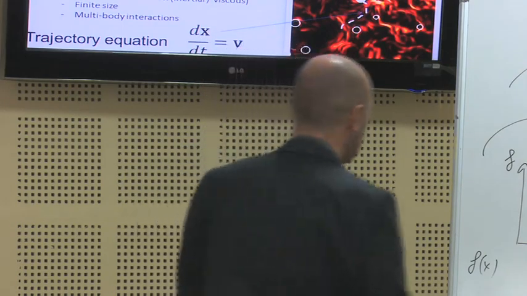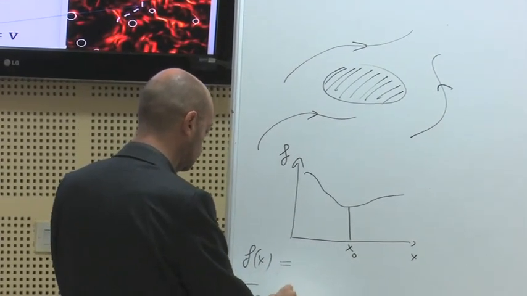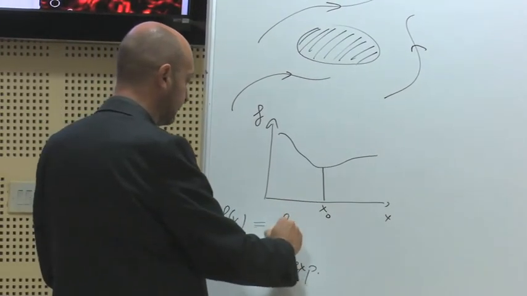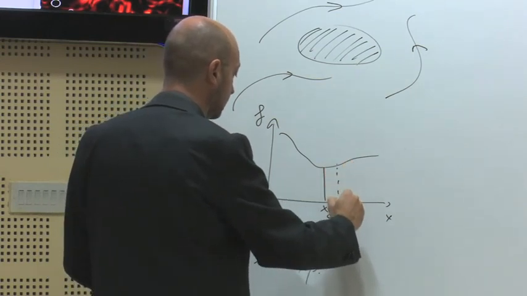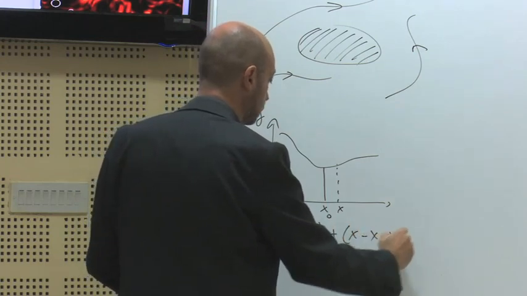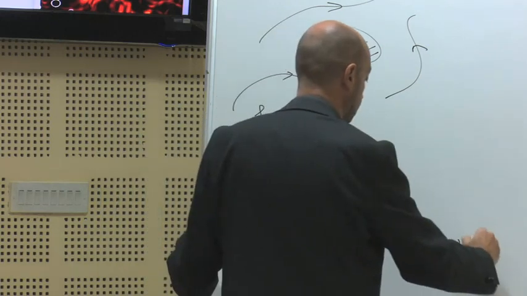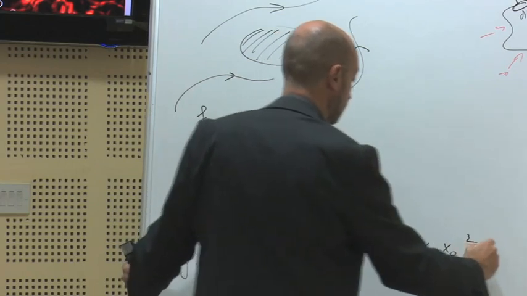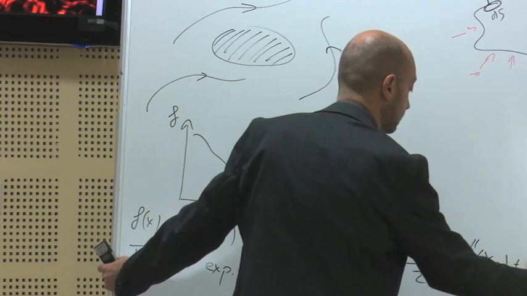Okay, so for a Taylor expansion, you are going to say that this is f of x naught plus, for example, if you are here in x, x minus x naught times the first derivative, plus x minus x naught squared over 2 times the second derivative, plus, and so on.